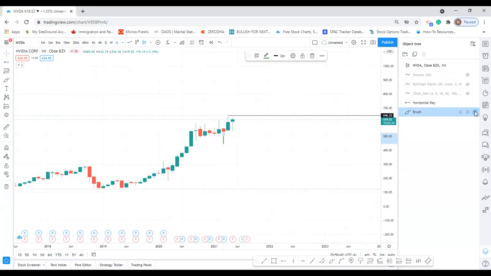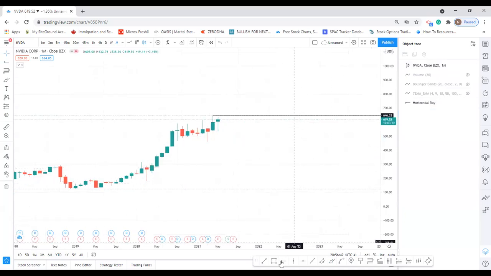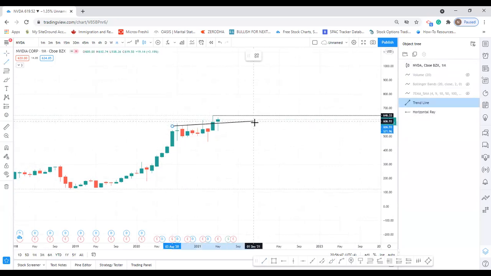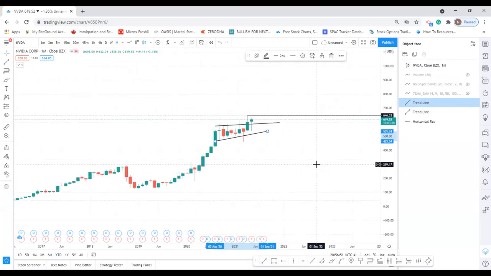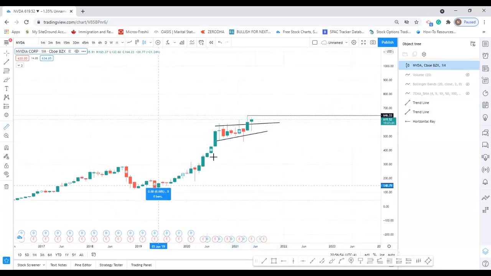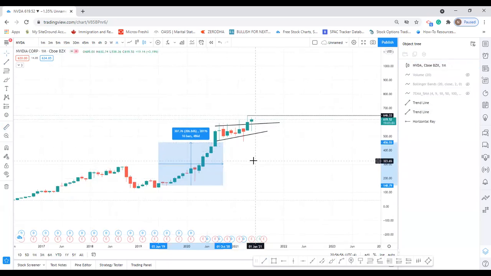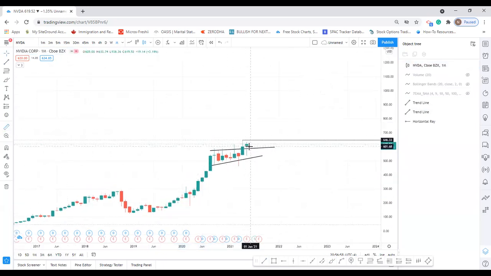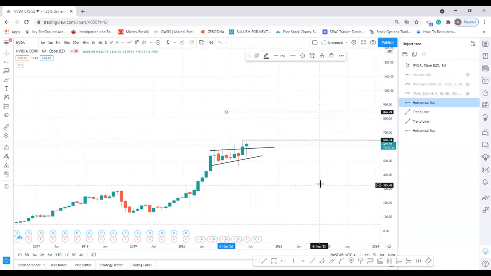Now if you see here, this is kind of making the pattern as well. This is on a monthly basis, so this is a very powerful pattern. If you want to hold NVDA, which is 200% up, so now $200 from here, $200 from here, if you hold NVDA for a year, you will see the $800 to $900 level.